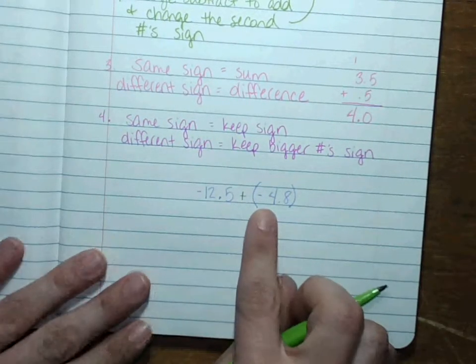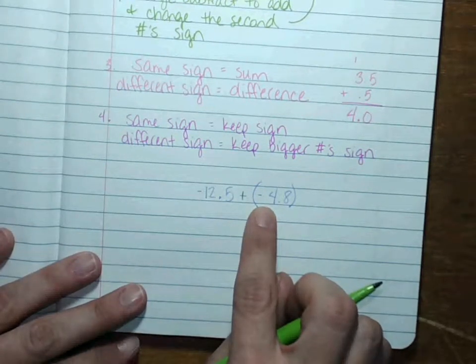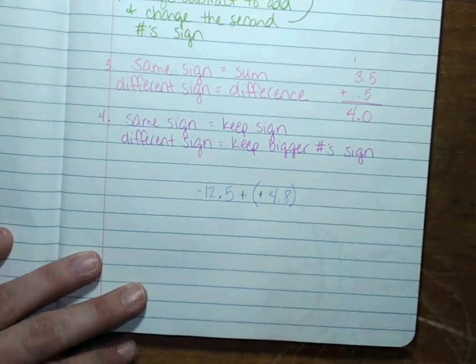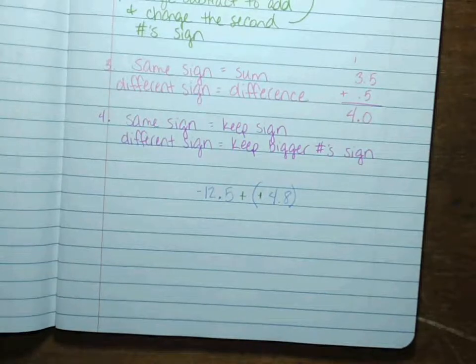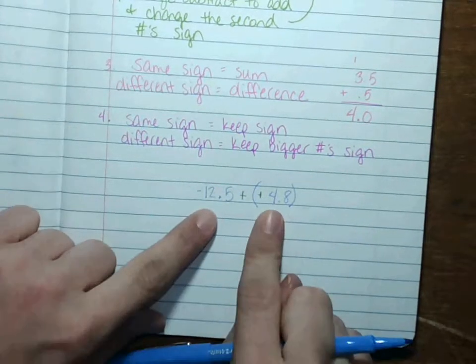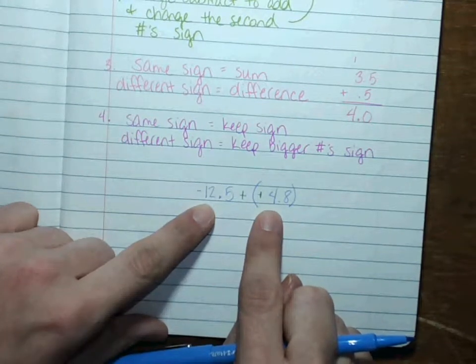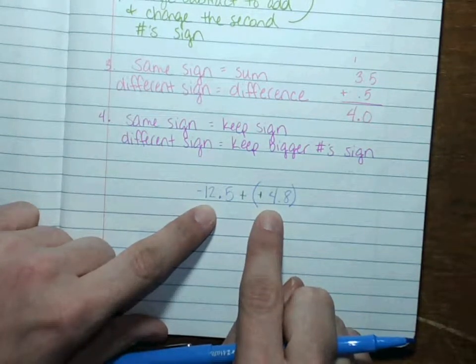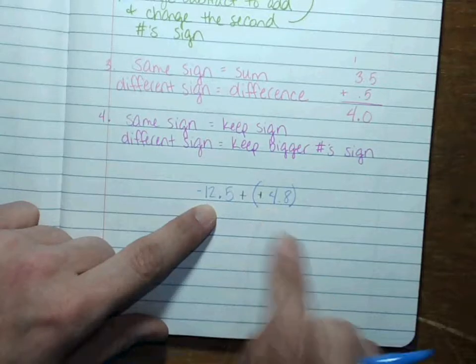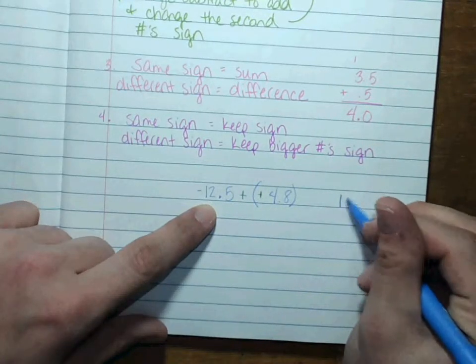And I need to change the sign of the second to a positive. Now I need to rewrite them. Which one is the bigger number? The bigger absolute value, 12.5. So that one's going to go on top.